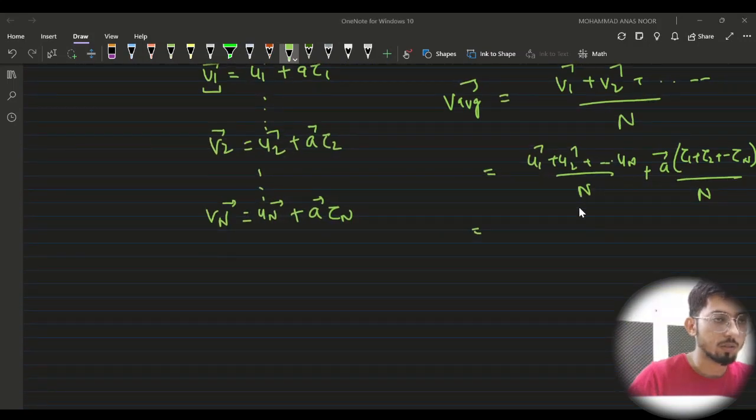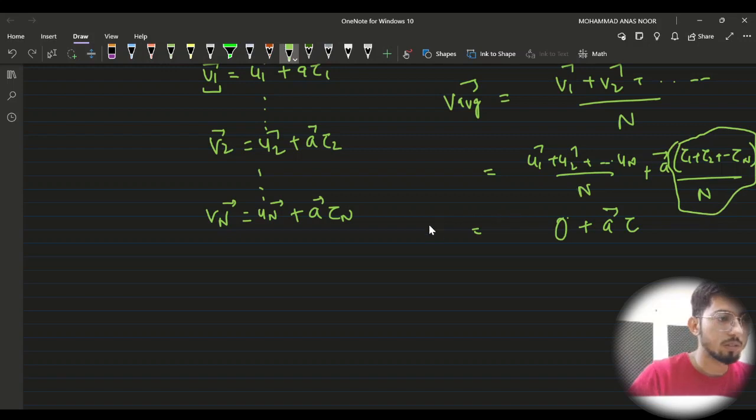So we can say this is 0 plus a times, and let's call this whole expression tau. So this is v average.